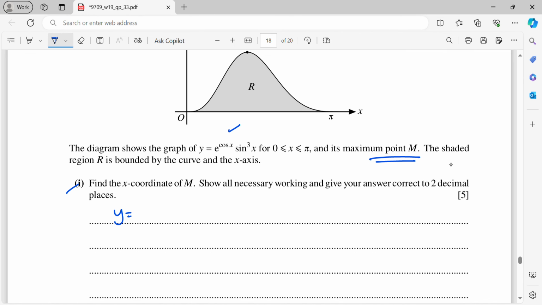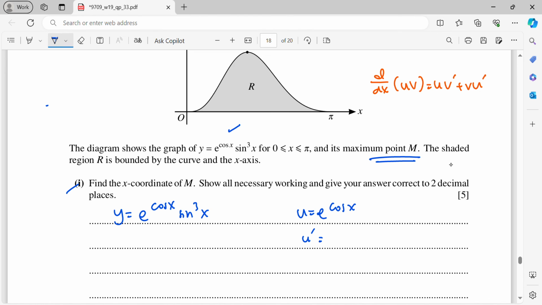So now my y is e^(cos x) sine cubed x. This is basically the product rule. The product rule, d over dx of uv, is u v prime plus v u prime. So I will write down first, my u is e^(cos x).